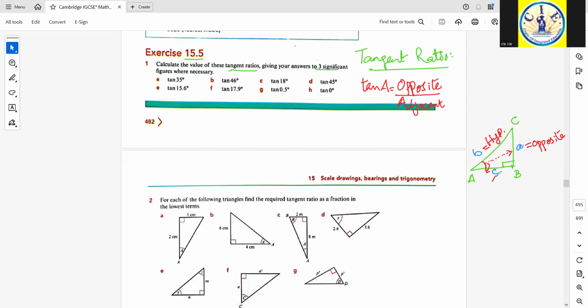So in this case, the side small c is the adjacent side. So whenever you divide, with respect to a given angle, the opposite side to the angle by the adjacent side to the angle, that ratio of the two sides is known as tangent ratio of the angle of consideration. Okay.